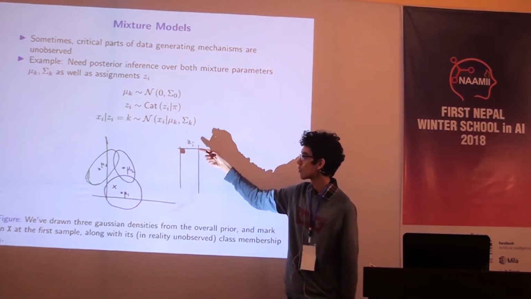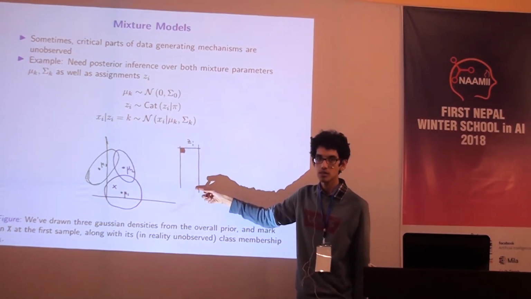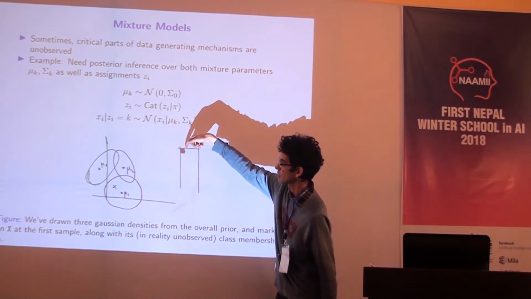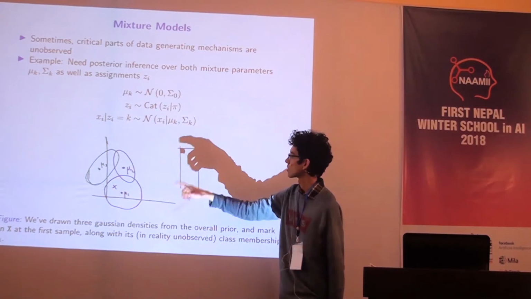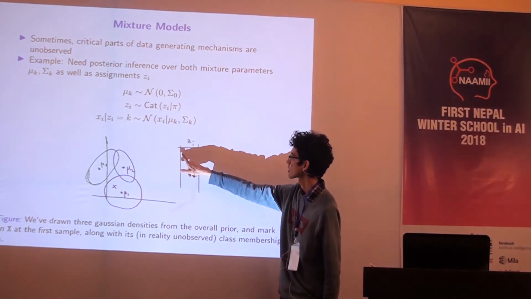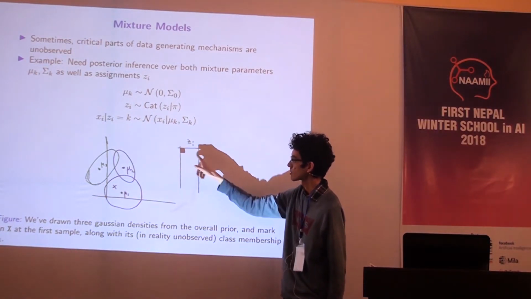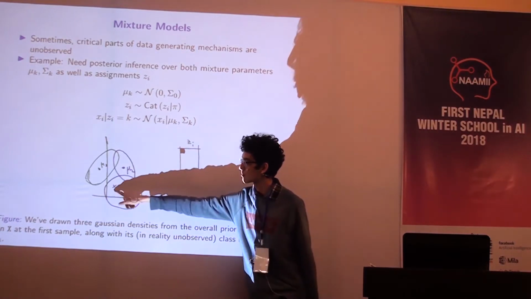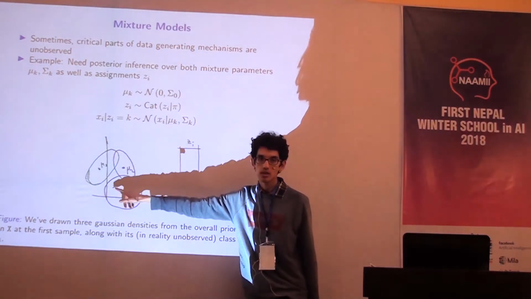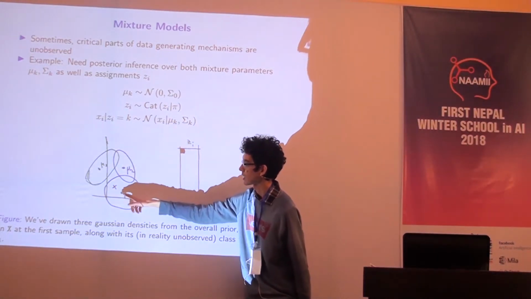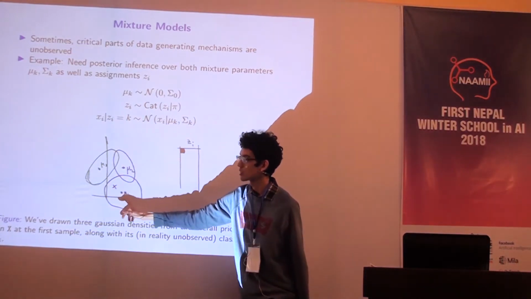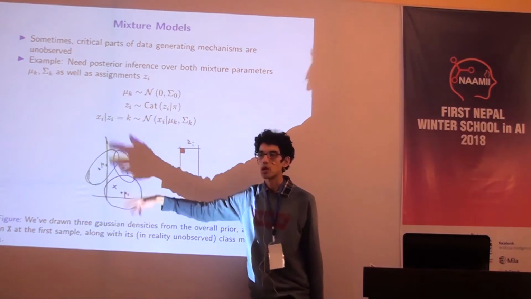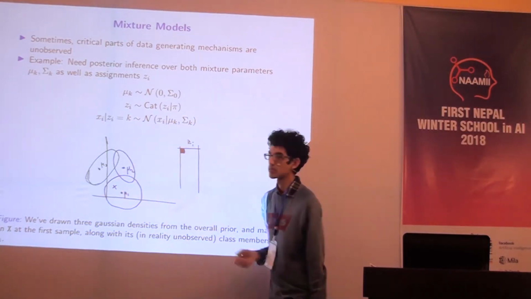I'm going to have 1 row for each of my observations, and each column is going to be one of the possible mixture components, so 1, 2, or 3. So in this first row, the first observation is going to be the first component, so I have an observation in that first component. And what I mean by the observation is I first get to that mean, and then I add this sigma k variance, or I draw from that sigma k variance. So that's how I get my first observation.